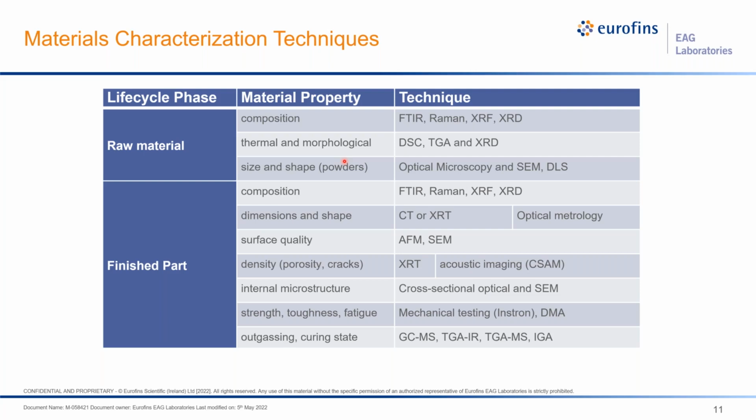All of that can give you some clues about what raw material you're starting with, and then of course the finished part. With the finished part, you have a lot more options in terms of techniques. For the finished part, it really depends on what the application is. Is this part used in a mechanical support role, or is it just a housing or something like that? What's important is kind of what you test for.